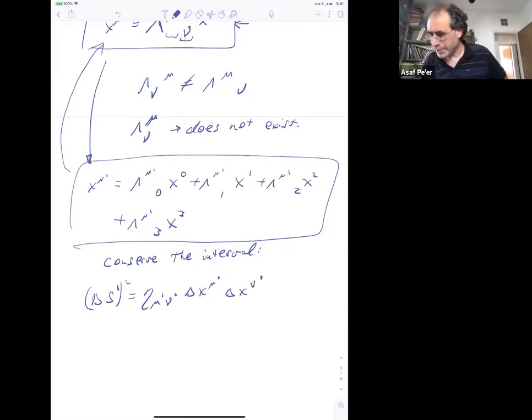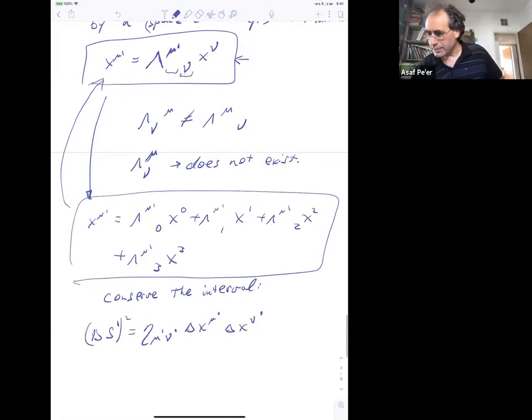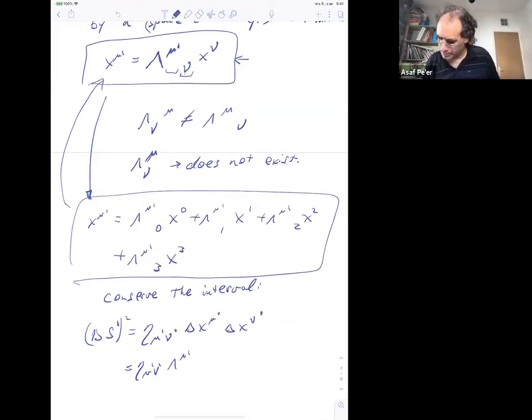Now I'm making a transformation. I have this transformation law, which is right here. So let's write it down. It's just eta mu prime nu prime, and here I have a lambda mu prime, let's call it rho. It's what's called a dummy index, so I don't care. Delta x rho. When I say I don't care, it means I could replace rho with an alpha or beta or anything else.